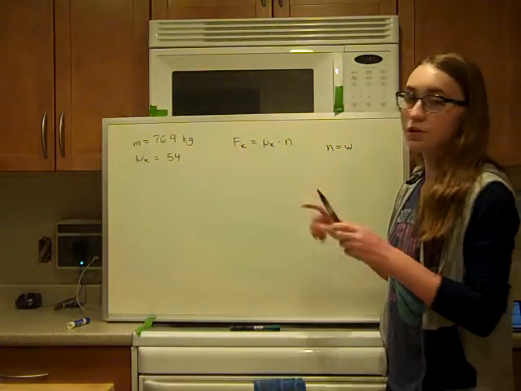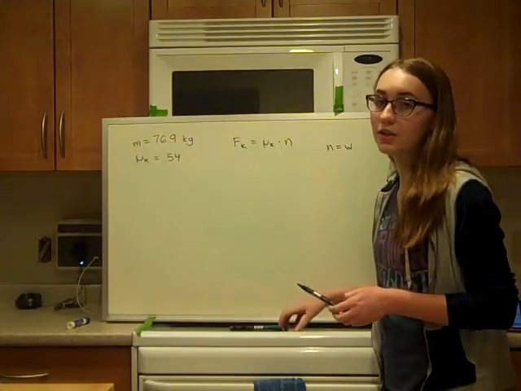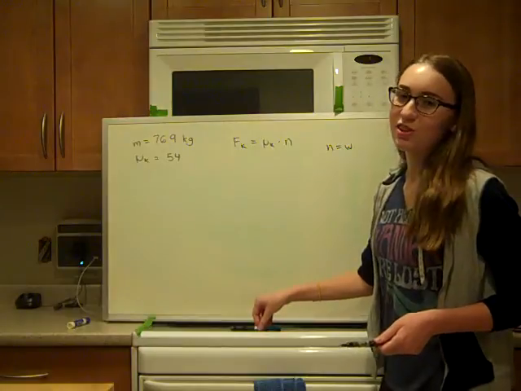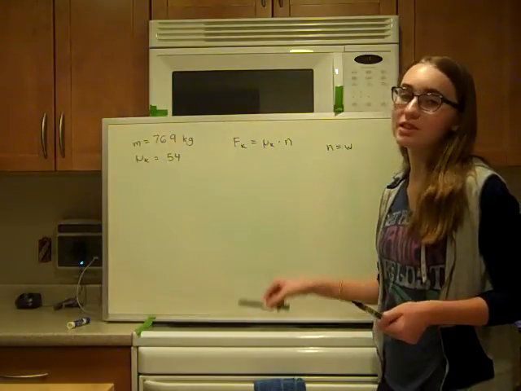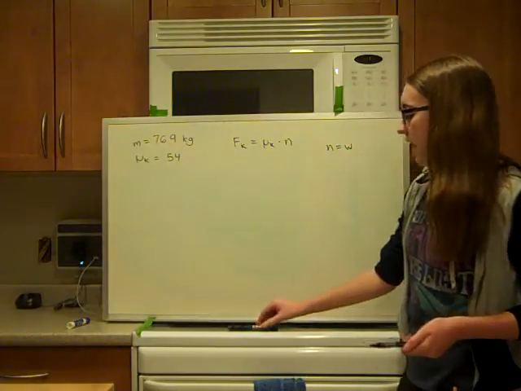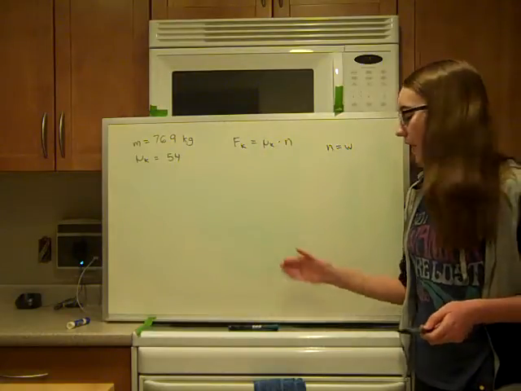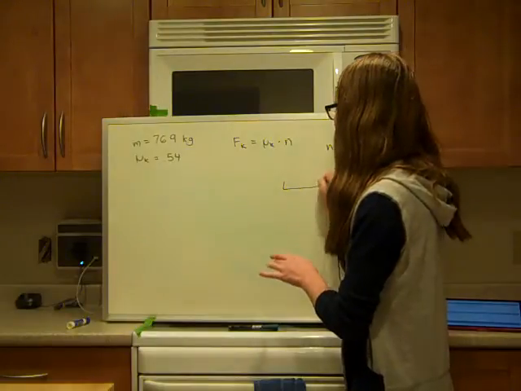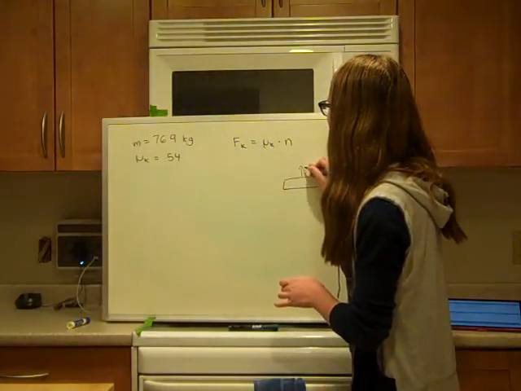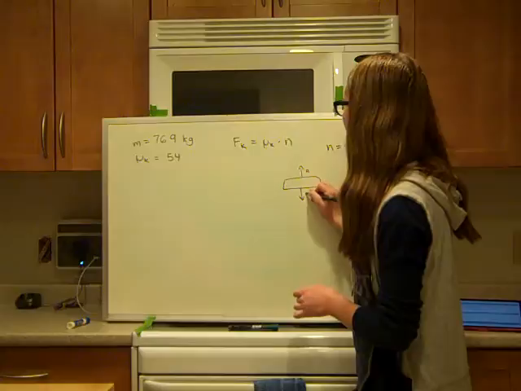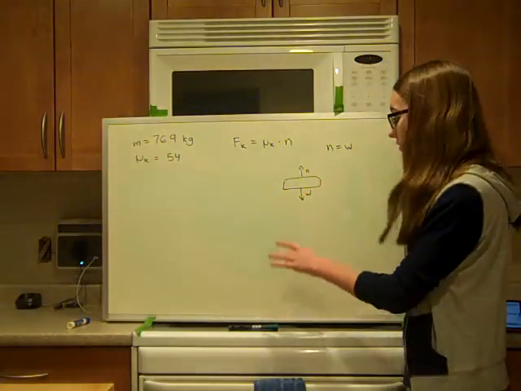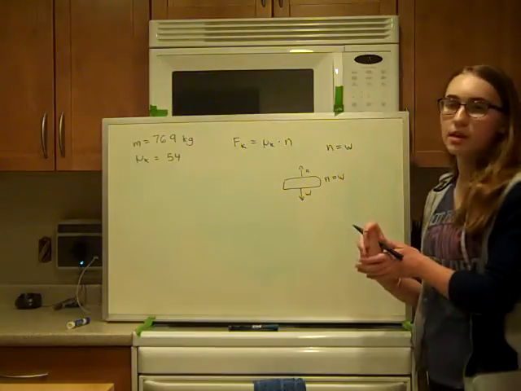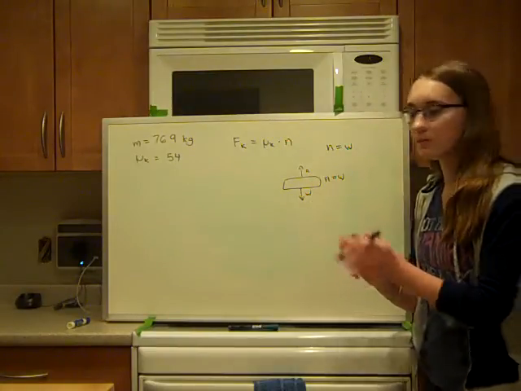The weight of this marker is pushing down on the stove, and the stove is pushing back up, so the marker isn't falling through the stove, and the marker isn't flying through the air, because those are things that don't happen. It's at rest, just sitting on the stove, at equilibrium. Here's the marker. The normal force is pushing up, and the weight is pushing down, and because the marker is not falling through the stove or flying through the air, we know that N is equal to W. Normal is equal to the weight.